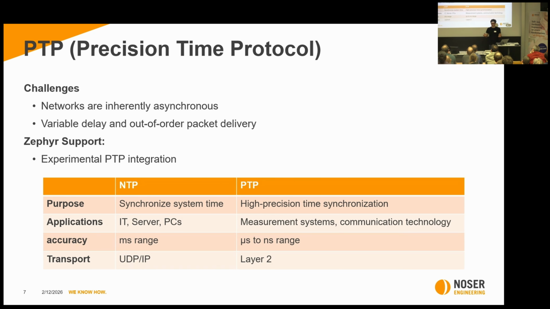Precision Time Protocol, we already heard it several times today. NTP has an accuracy somewhere in the milliseconds range. PTP, well, it depends. The accuracy goes somewhere from microseconds to nanoseconds, but it does require hardware support.